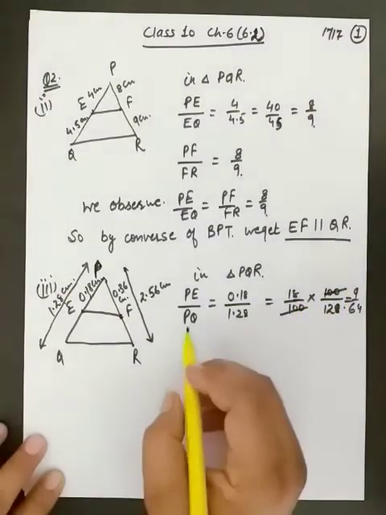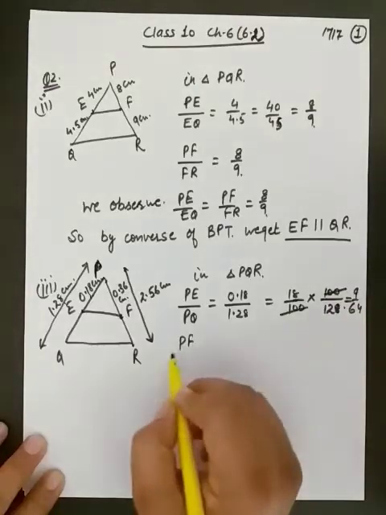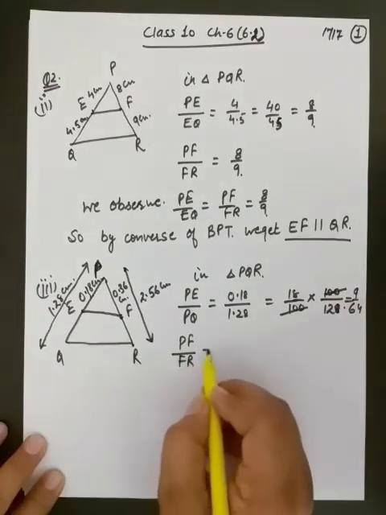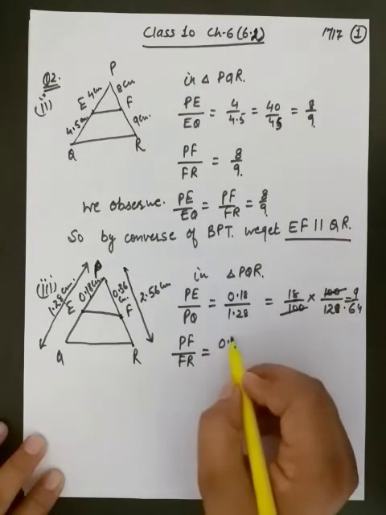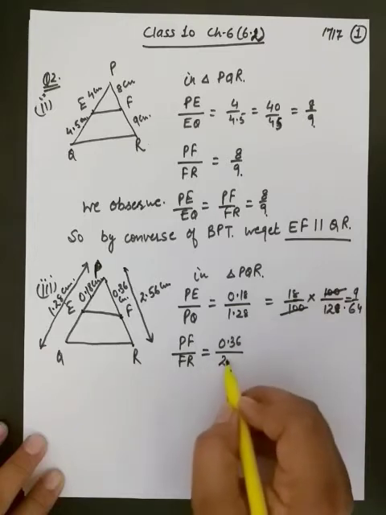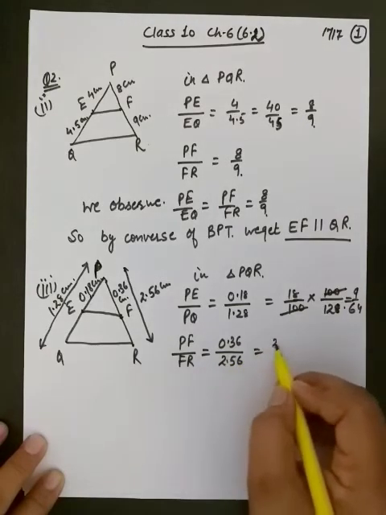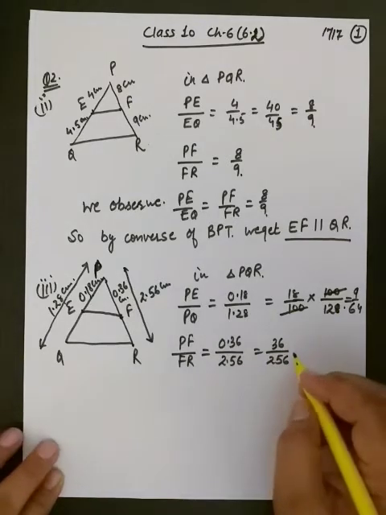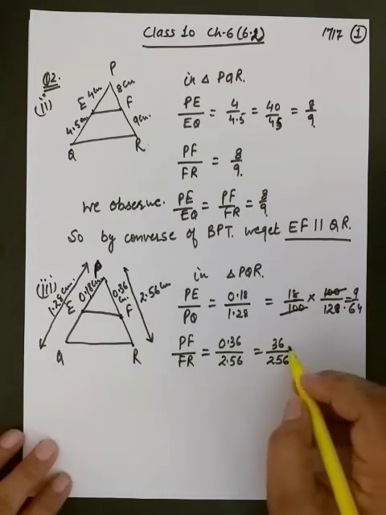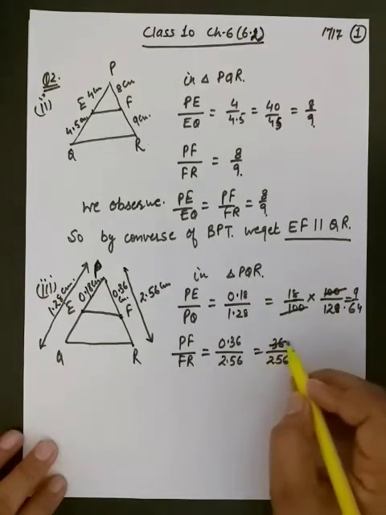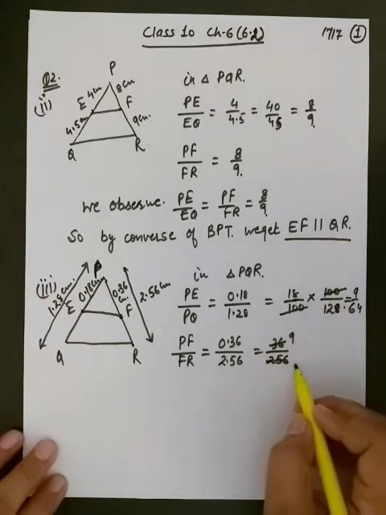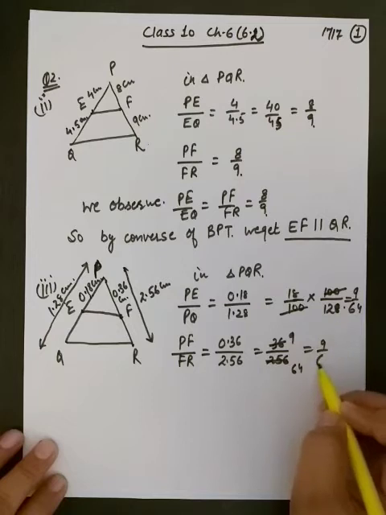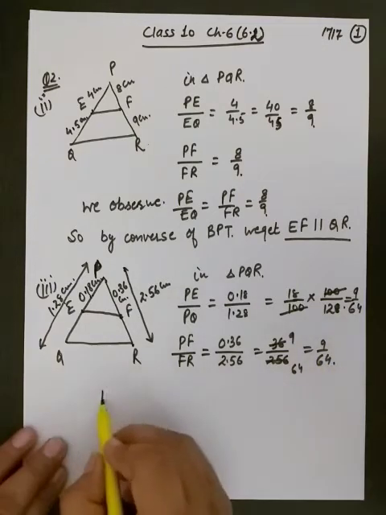You can cancel it with the table of 2. And PF/FR, PF 0.36/2.56, it can be written as 36/256. Again we can solve these two numbers, and we can divide them by 4. It will be 9/64.